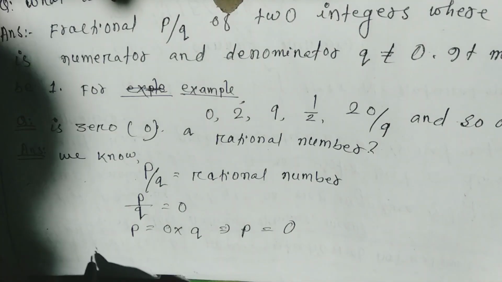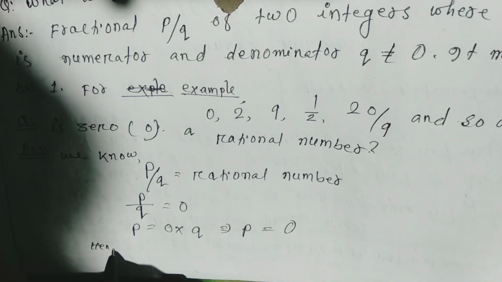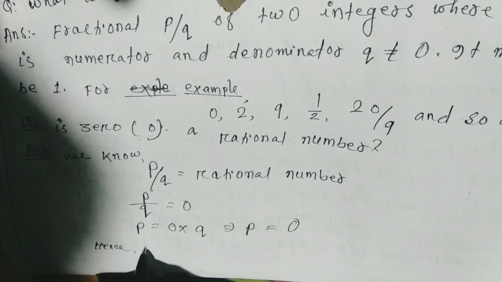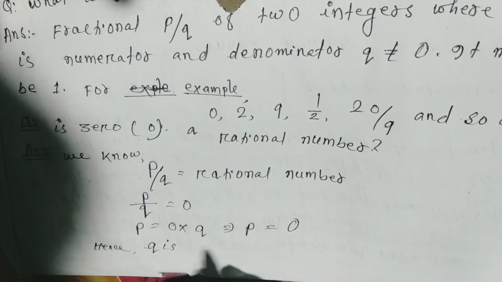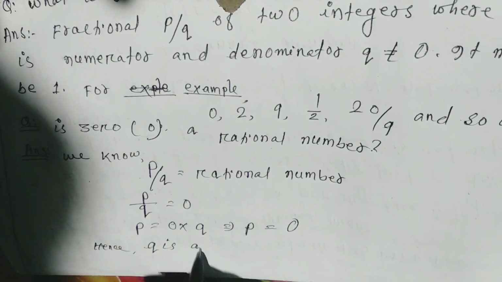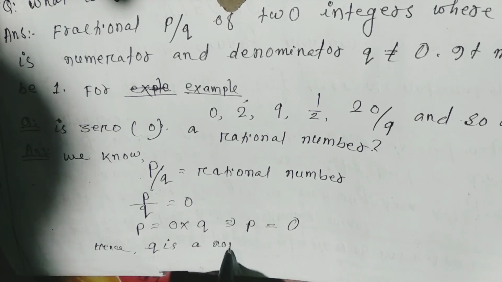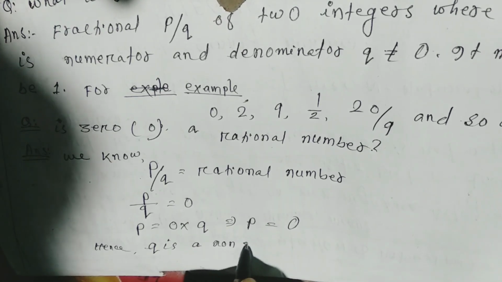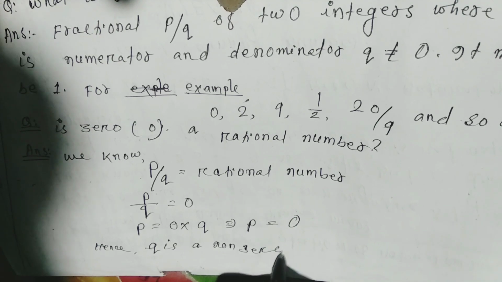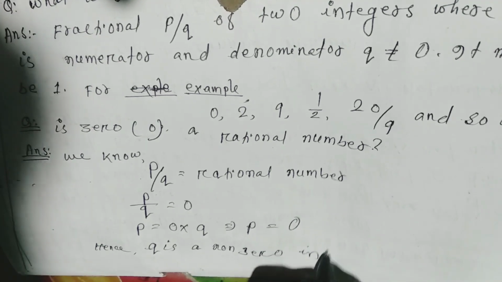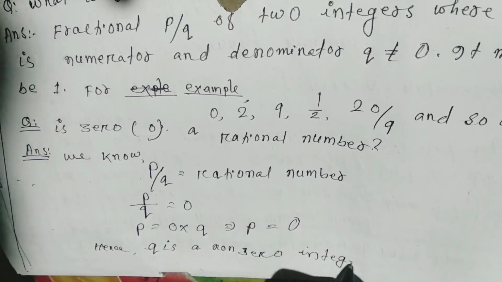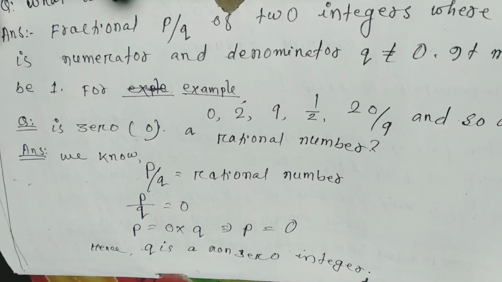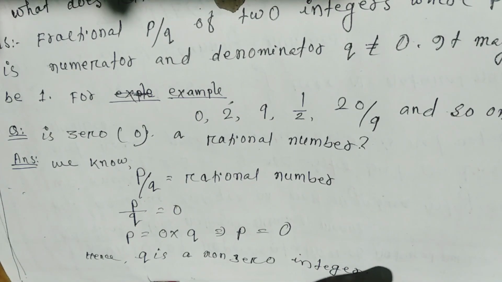Hence, q is a non-zero integer. So 0 is a rational number.